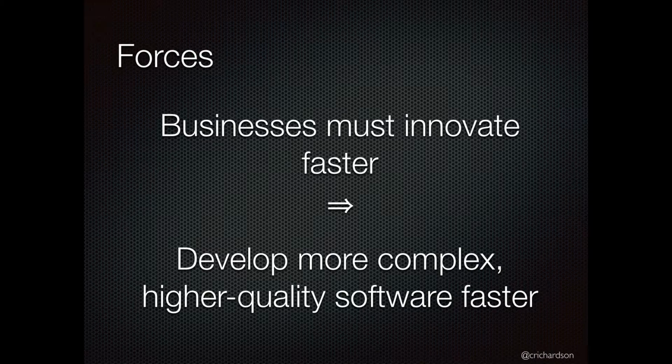Well, we're actually developing the software platforms upon which the business is innovating. We can think of what we do as automating various business processes. So if the businesses need to innovate faster, that means that we as software developers need to develop more complex, higher quality software faster and faster. So in other words, we just need to build better software faster.